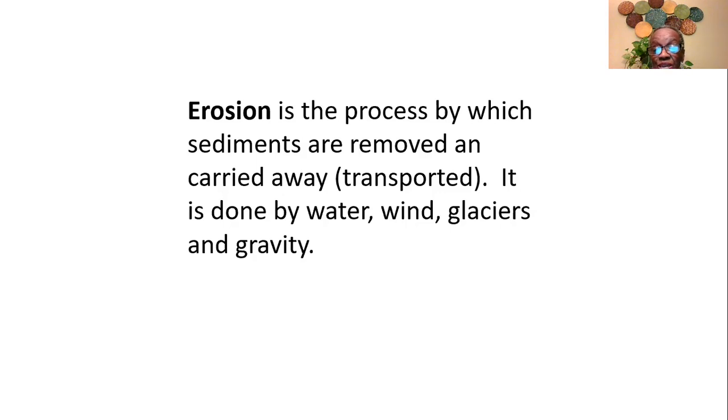That's done by wind. Glaciers can do that, and also gravity can do that. So if we have the weathering that takes place on the top of the mountain, and if we get those sediments to move from the top of the mountain to the foot of the mountain, gravity did that. And sometimes they're eroded away by water, wind, and glaciers.